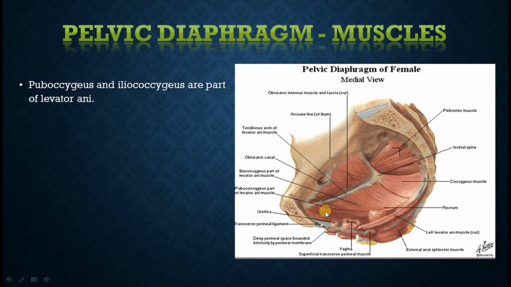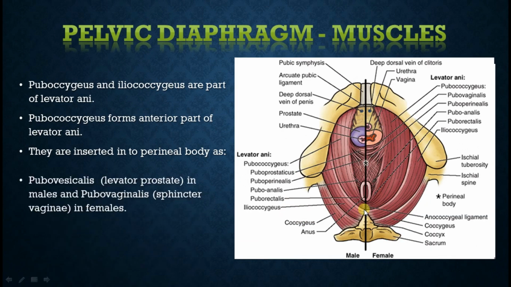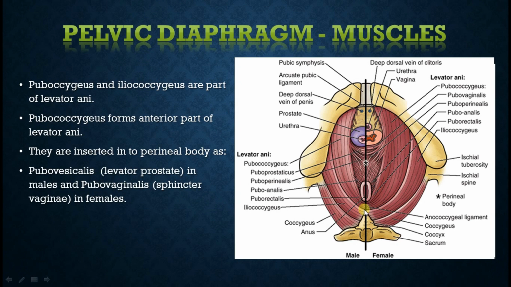Iliococcygeus part and pubococcygeus part are parts of the levator ani, and that is the tendinous arch of the white line. And this is your obturator internus muscle. So, pubococcygeus mainly forms the anterior part of the levator ani, and some of the fibers are inserted into the perineal body as pubovesicalis, levator prostate.